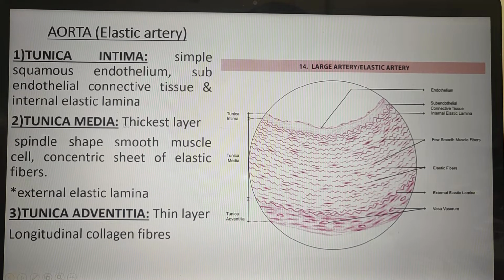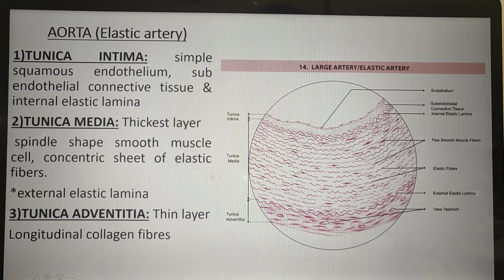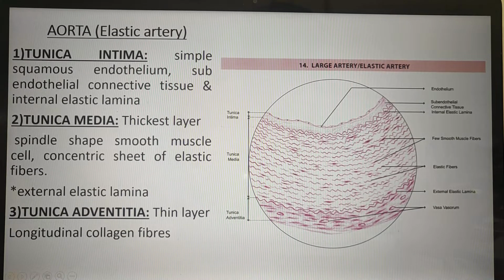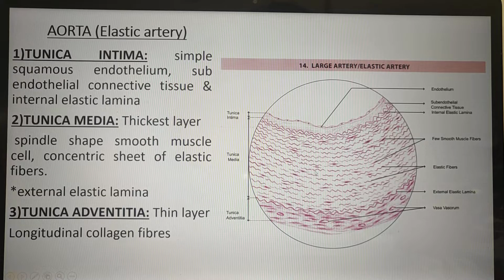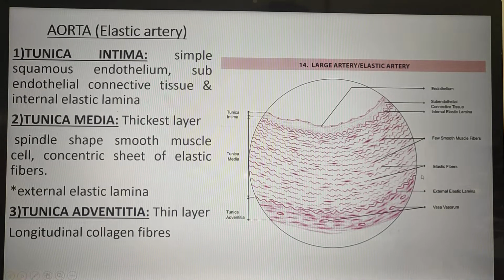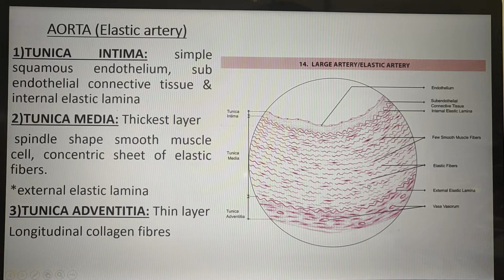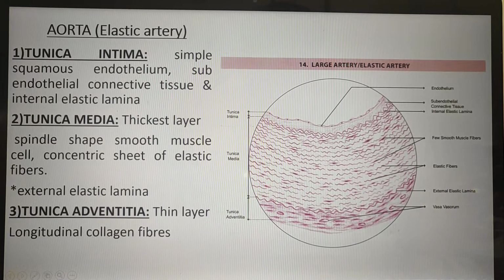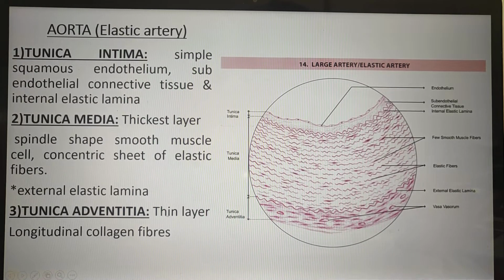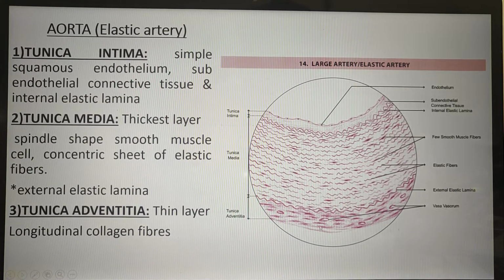Tunica media, it is the thickest layer, with spindle shaped smooth muscles and concentric sets of elastic fibers. Here you can see these are the elastic fibers present throughout the tunica media. At the junction of the tunica media and adventitia there is the external elastic lamina, and tunica adventitia is a thin layer of longitudinal collagen fibers.